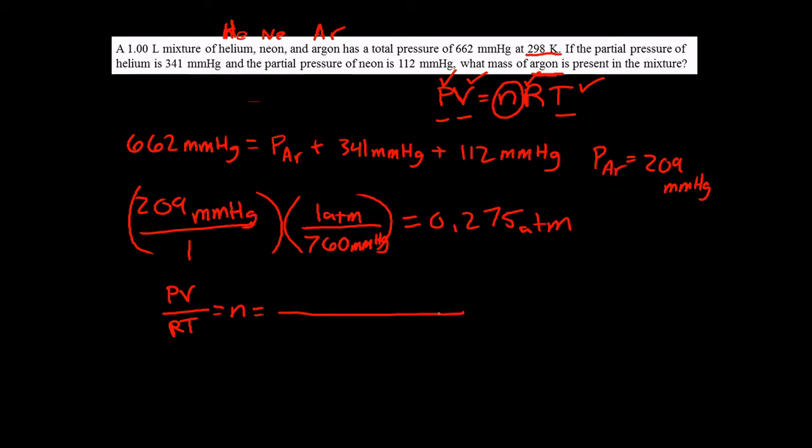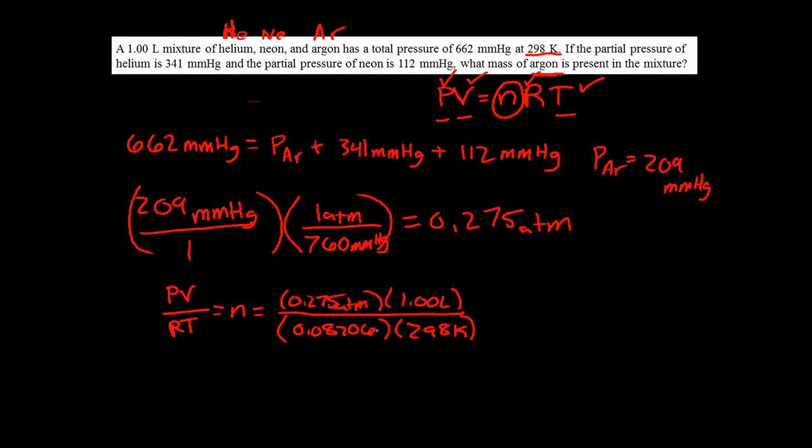So if I go ahead and plug in all of my known values here, I have 0.275 atmospheres of argon. The volume is 1 liter. R is 0.08206, and I'm just going to go ahead and leave the units off just like before, because I'm going to run out of space here. But you can just trust me that the units will work out there. The temperature is, let's see, what was it, 298.